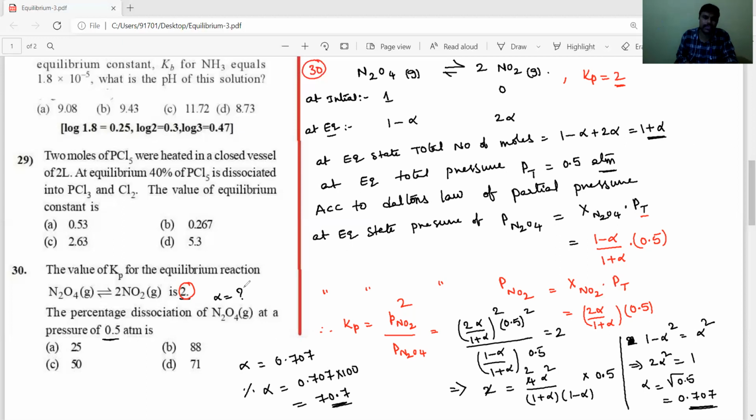How much N2O4 is decomposed? 71% is decomposed. If 71% is decomposed, then the equilibrium constant Kp comes to 2, at the equilibrium state where the total pressure is 0.5 atmosphere. This kind of question is also very, very important. Okay, let's go to the next question, dear students.